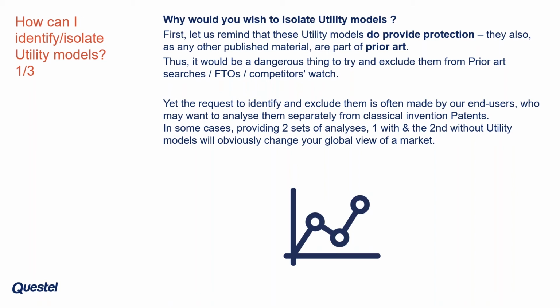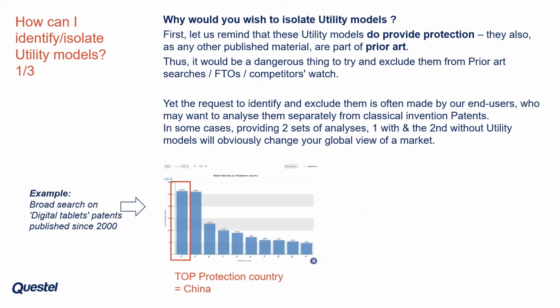In some cases, providing two sets of analysis, one with and the second without utility models, will obviously change the global view of a market. In our example, we ran a broad search on digital tablets patents that were published since year 2000. Then we ran an analysis on the market where the protection applies.